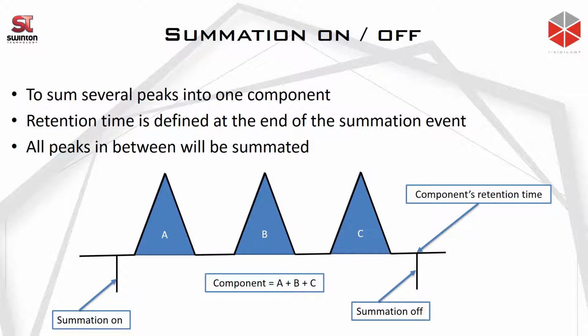Basically, we call it a C6 peak or hexane peak. Now, when this happens, the retention time is defined at the end of the summation event, and all the peaks will be summed together. So in this particular example, you see 3 peaks, A, B, C. So the component will be equal to component A plus component B plus component C, and it's treated as one single component.